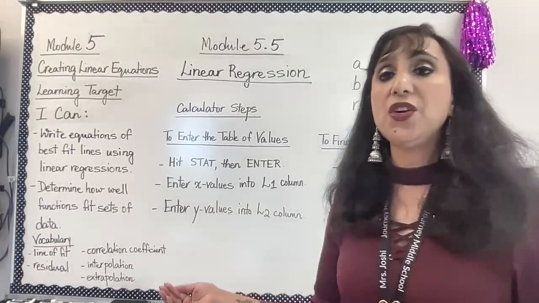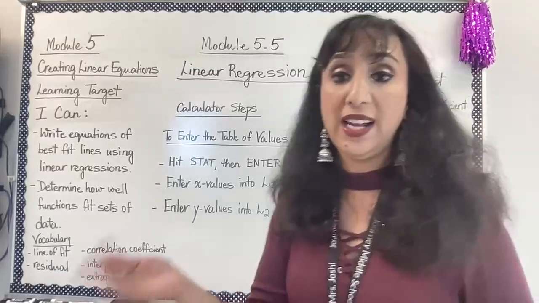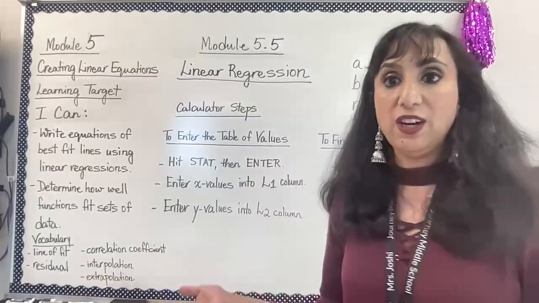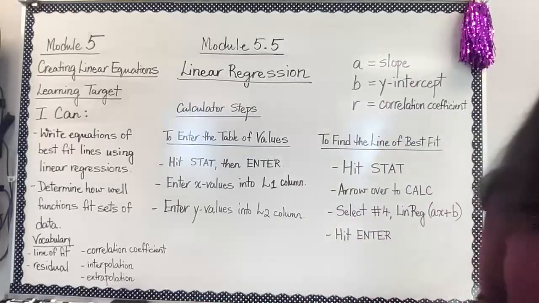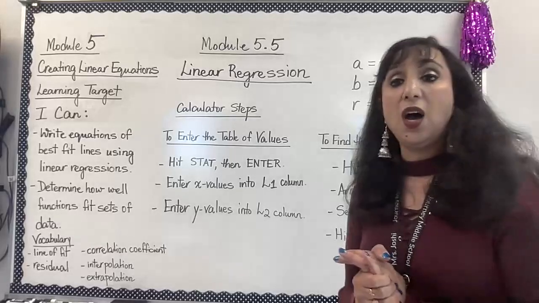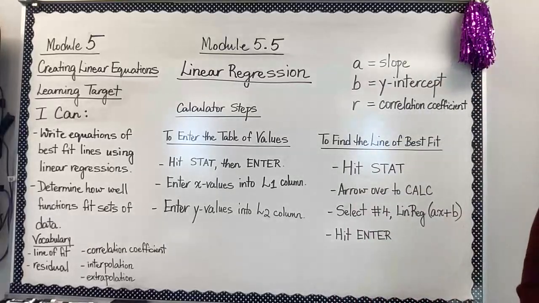And what we're going to do today, I'm going to show you the steps on a calculator because that will also definitely create a line of fit for you. So once again, it's used to model the correlation between 2 sets of data.